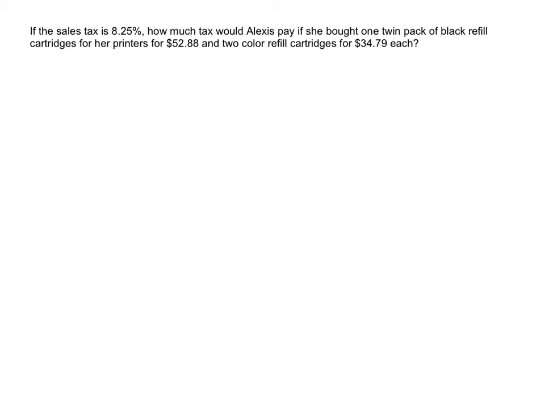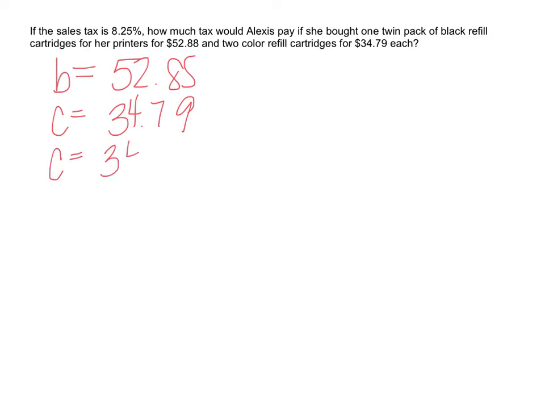So first, we have to figure out how much our total bill is without tax. So we are buying three things. We are buying a black cartridge for $52.88. We are buying a color cartridge for $34.79, and we are buying another one for $34.79.